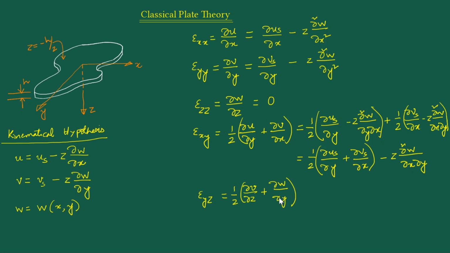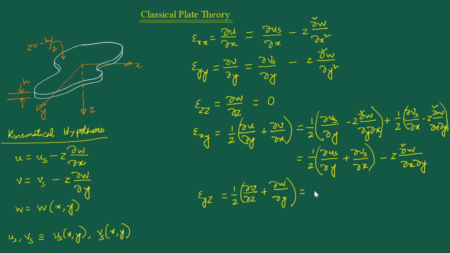Now before I proceed any further, I wish to make it absolutely clear that this us and this vs here are functions of both x and y. Just like w is a function of x and y, so also us and vs. Otherwise, this del us del y term would have been 0. Okay, but it is not. So we keep it.